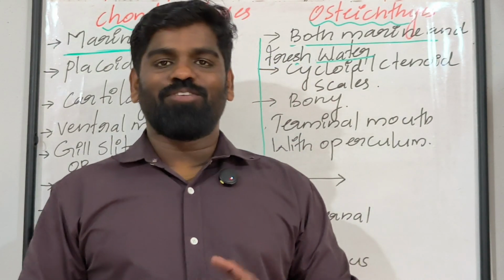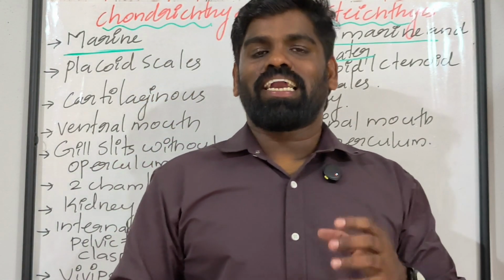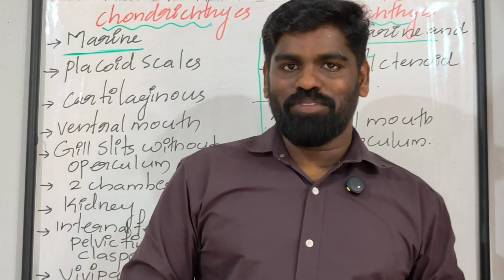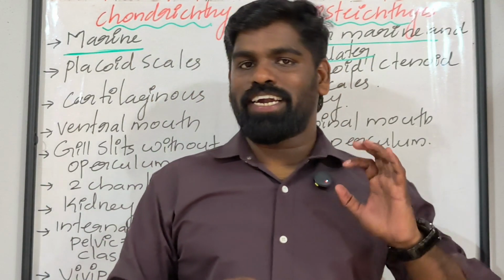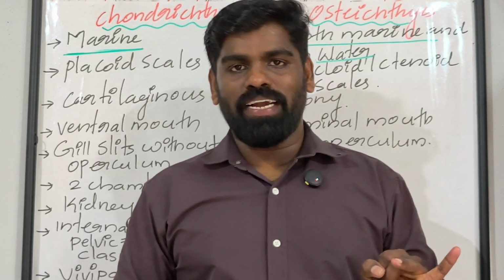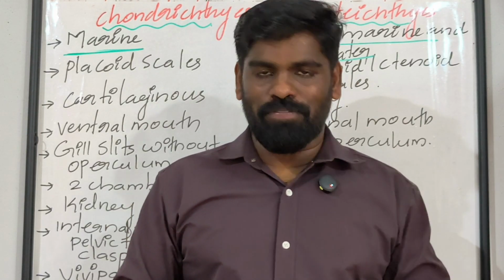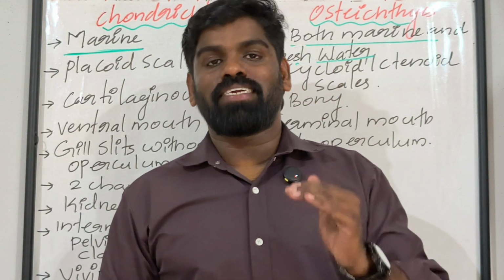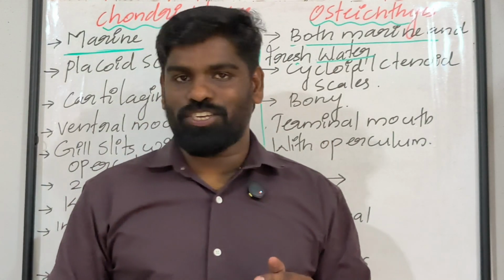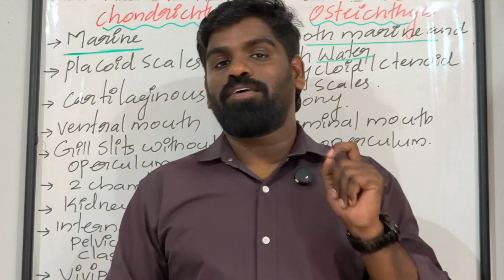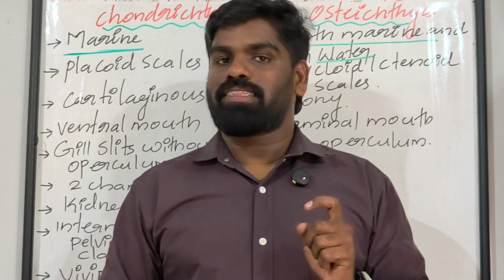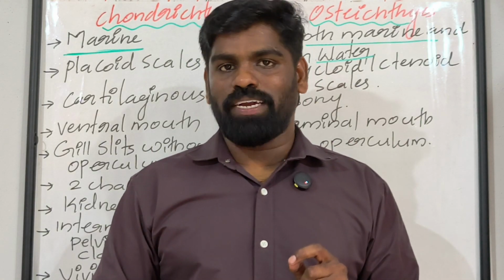So today's video we are moving on to the classes of Gnathostomata. In the last videos we discussed the characters of chordates, vertebrata, urochordata, cephalochordata, and after that I told you about the classification of vertebrata. There we discussed one of the classes of Agnatha, that is cyclostomata.